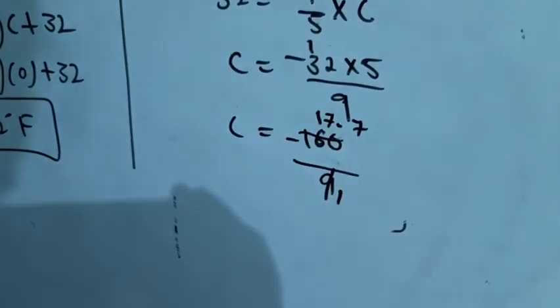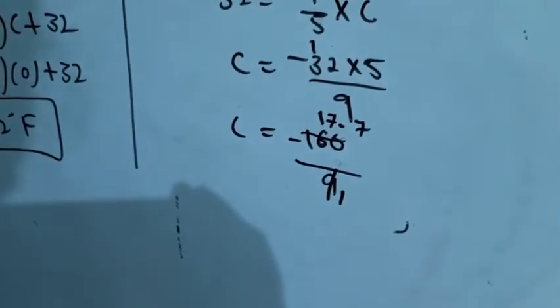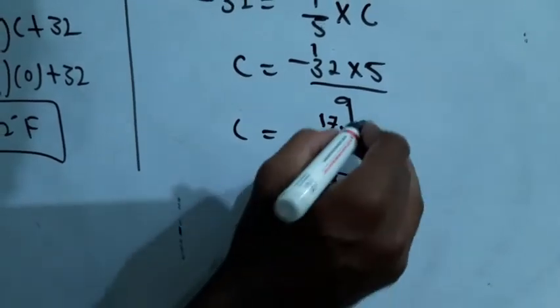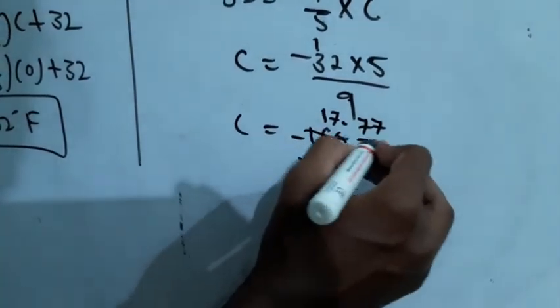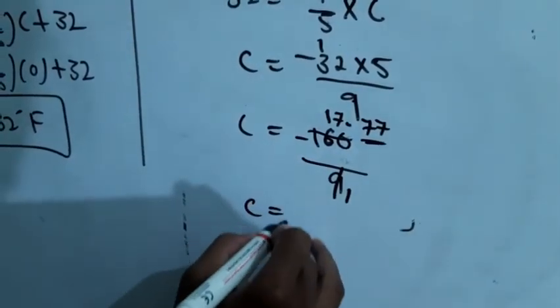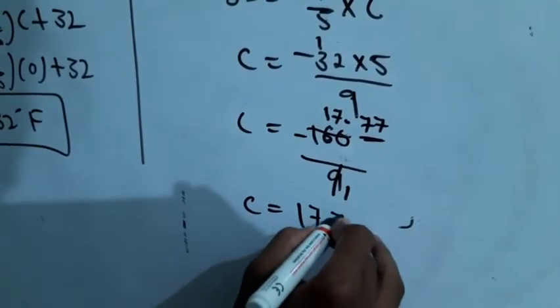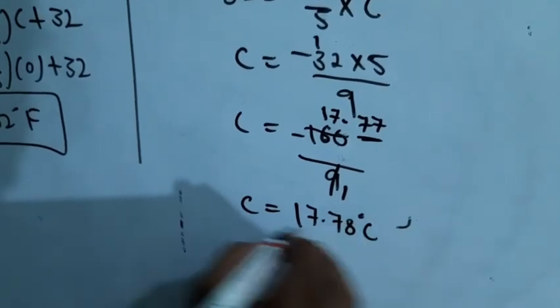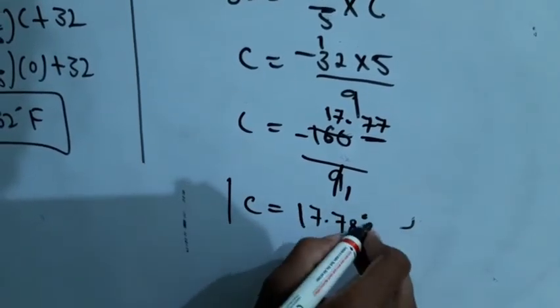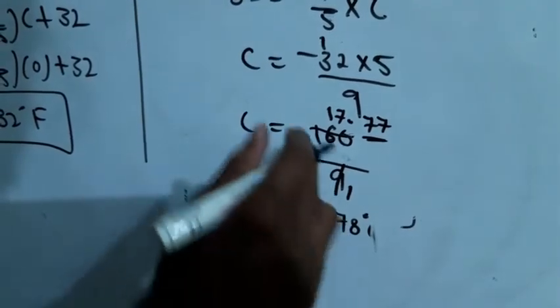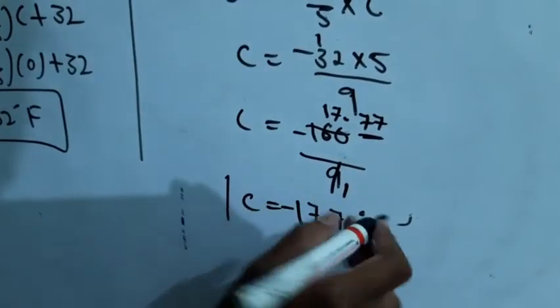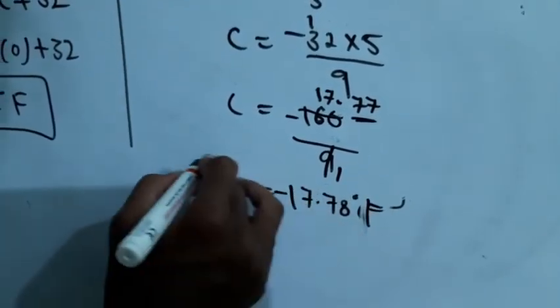Again it is going to continue. That is C is equal to minus 17.78 degree centigrade. That minus is there: minus 17.78 degree.